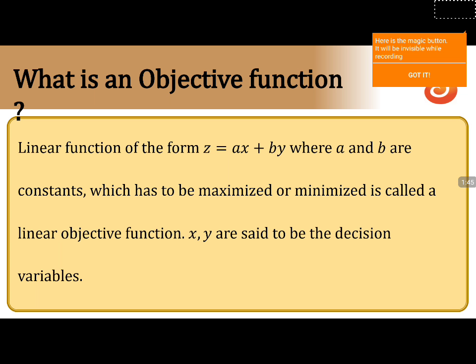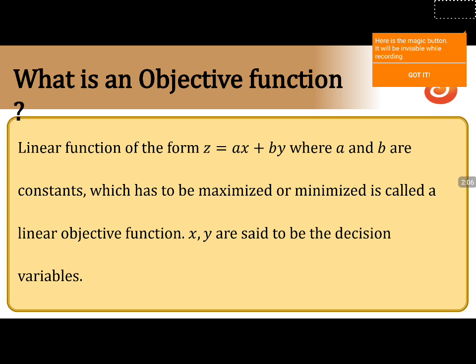The value which is less compared to the other values obtained, we call the minimum value. And the value which is the greatest among the values after substituting x and y, we call the maximum value.